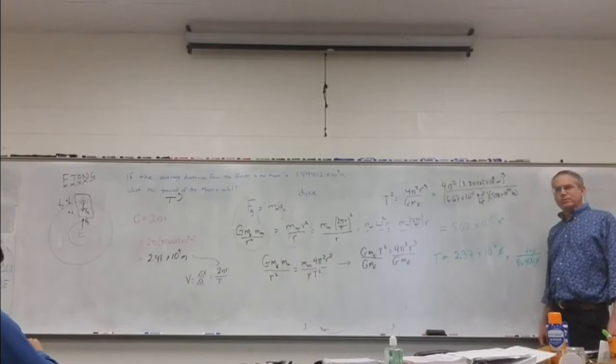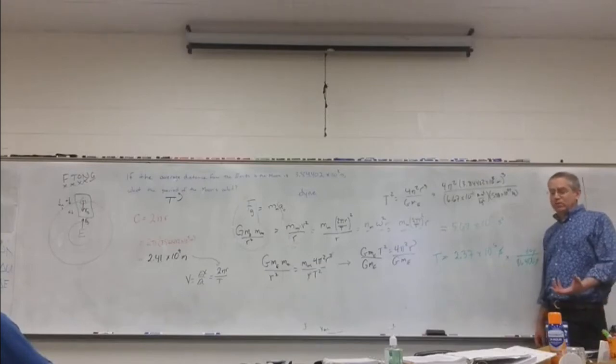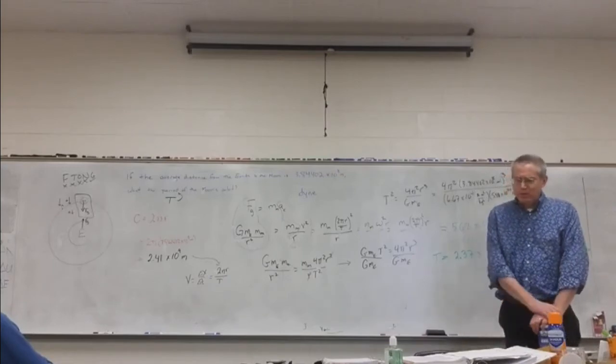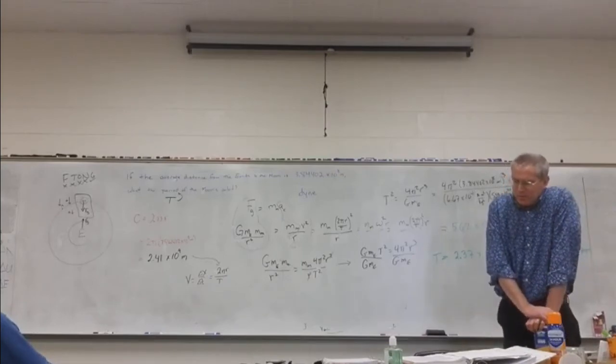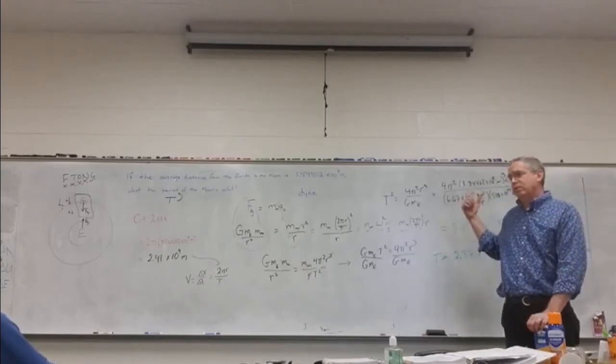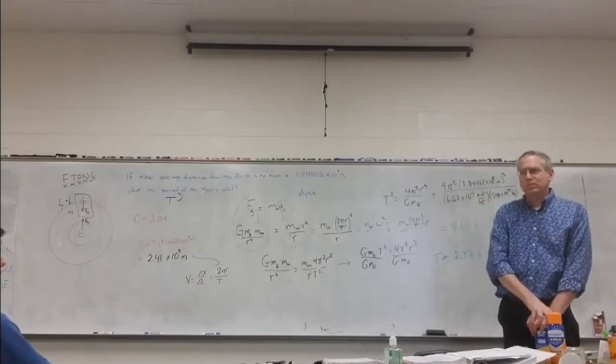Other questions on this or the test? If you ever get to a problem and you have two unknowns, what is the best way to go about solving the problem? If you have two unknowns and one equation, then either there are clues in the problem where you can ignore one of them, like we did earlier in one of the homework problems, or you missed an equation somewhere.